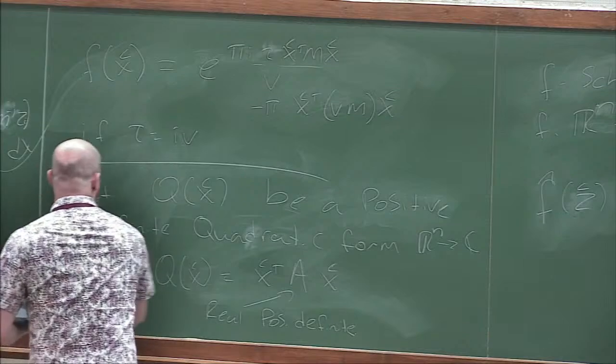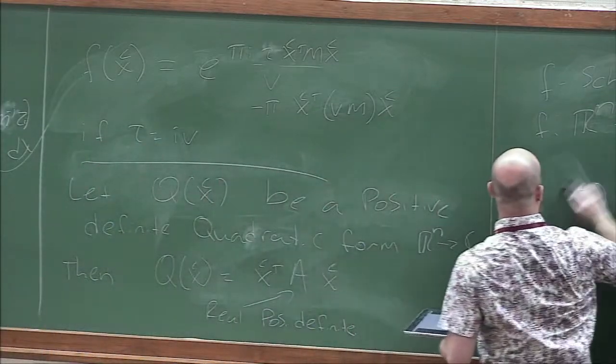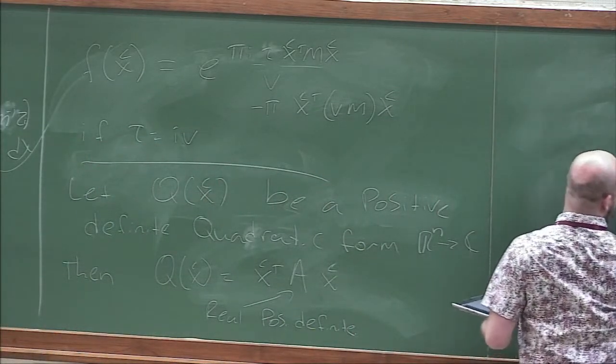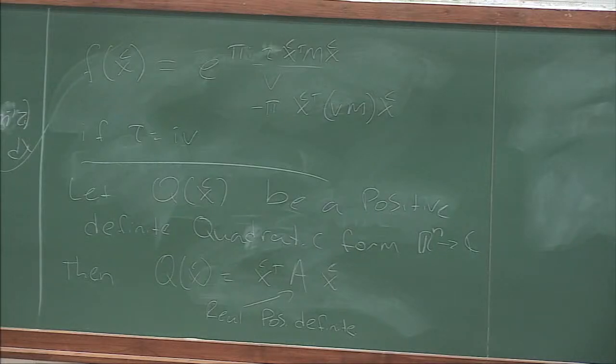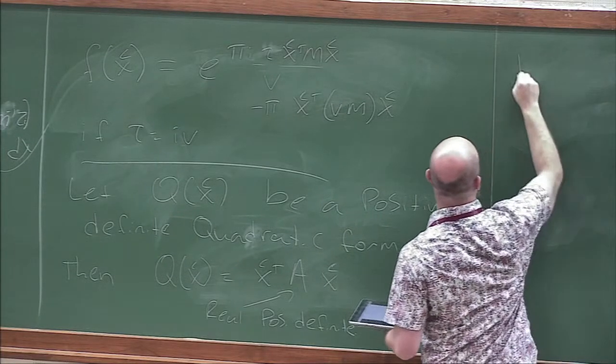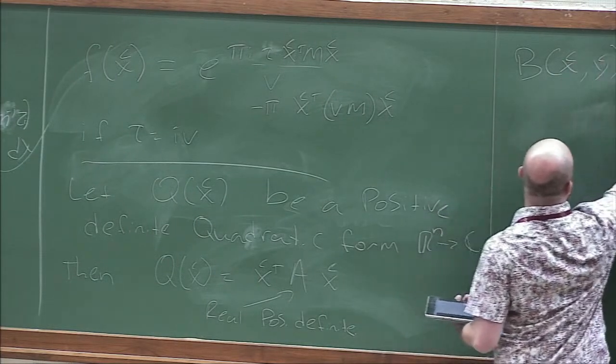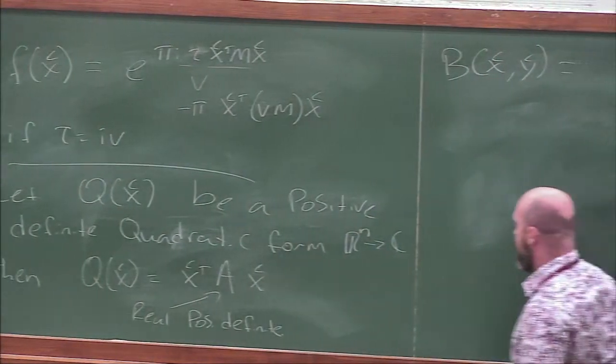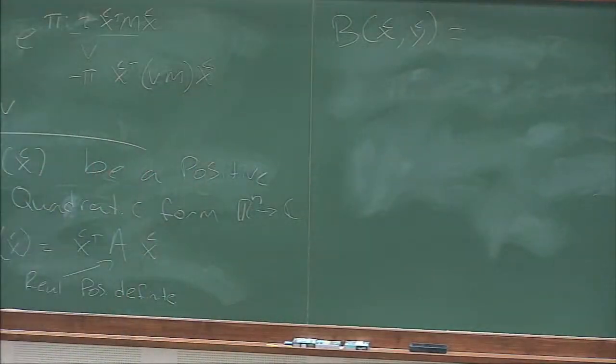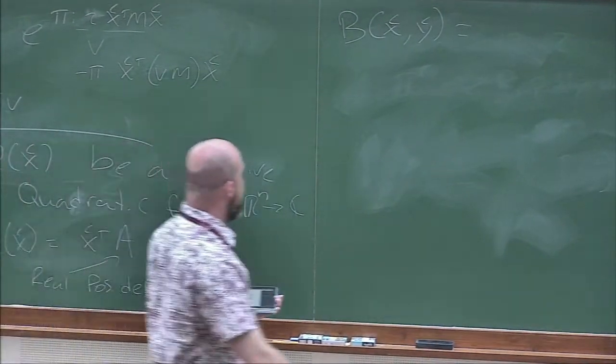Now, associated with our quadratic form, we can have a bilinear form. Since I'm already writing things in terms of matrices, we'll just continue with that.